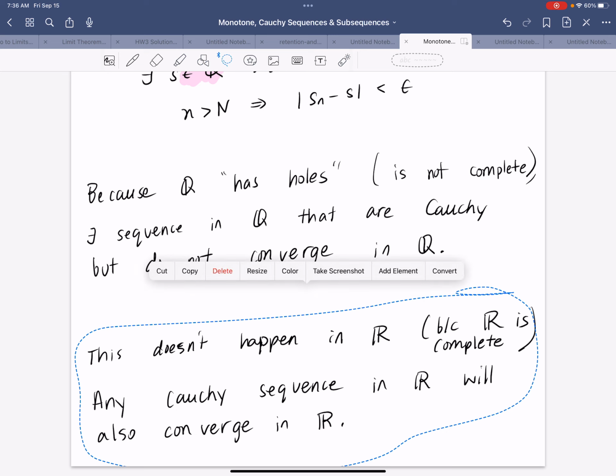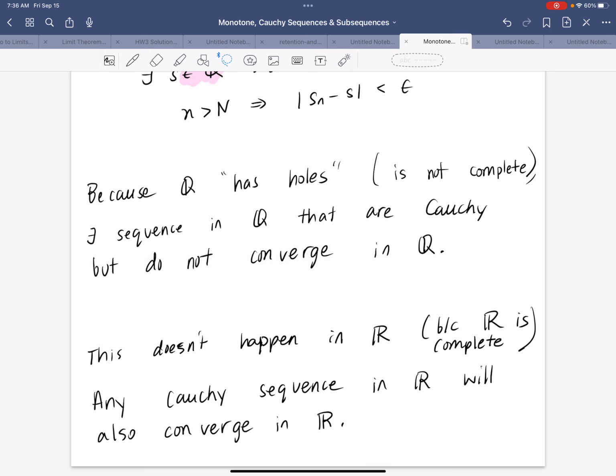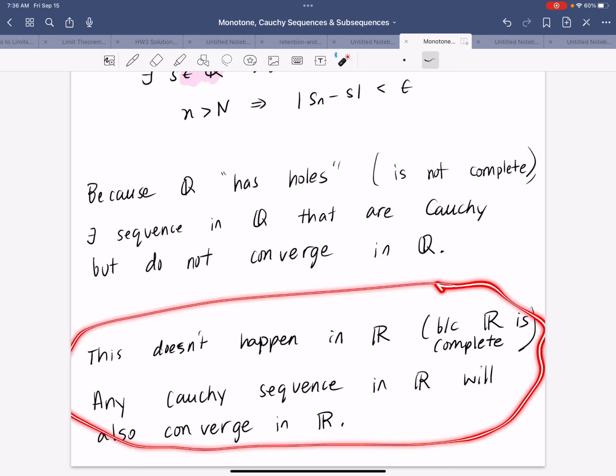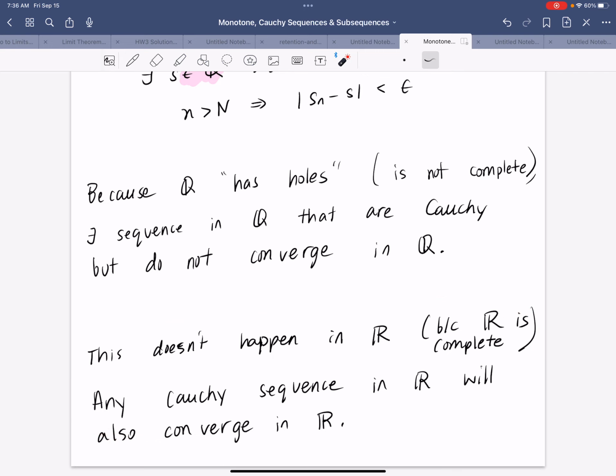I mean, we're going to prove this, right? I can't just say this. This is a big deal. We're going to prove that every Cauchy sequence in R converges in R. But can you think of a sequence in Q that is Cauchy, but does not converge in Q?